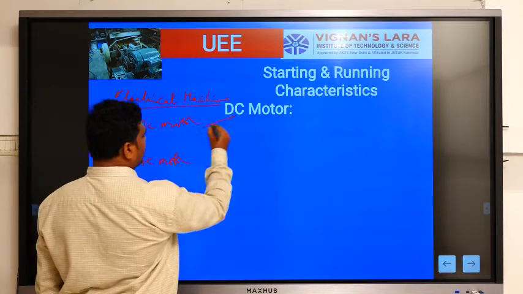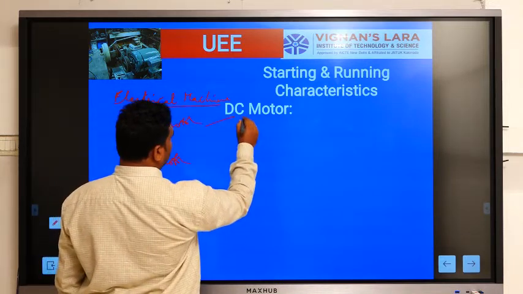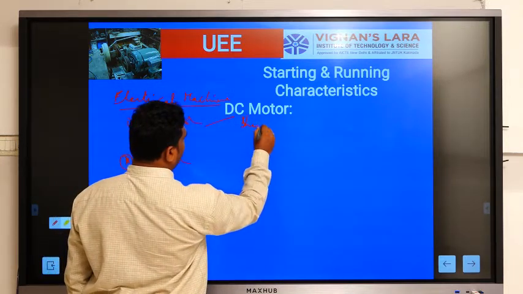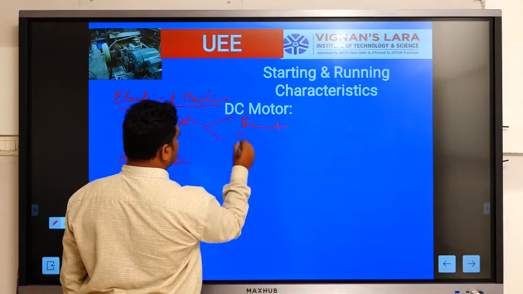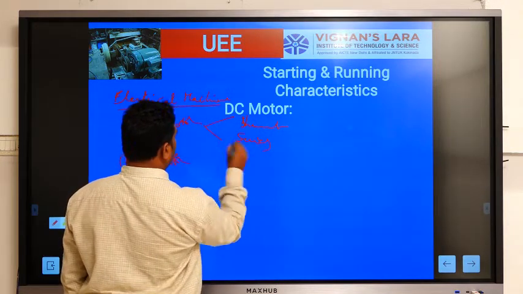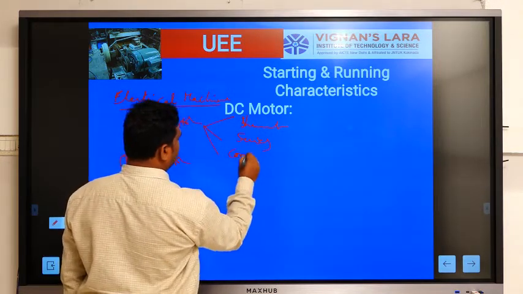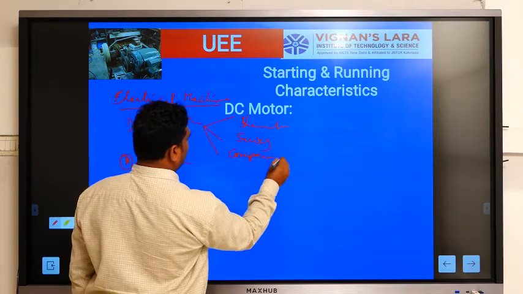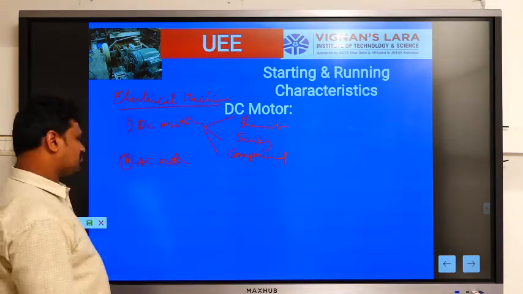Again, this DC motor is classified into shunt, series, and compound motor.